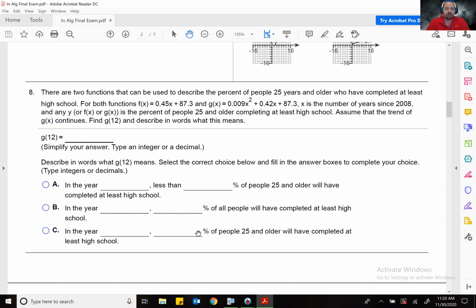Or C: this percentage of people 25 and older will have completed at least high school. Which one is it? A, B, or C? A.